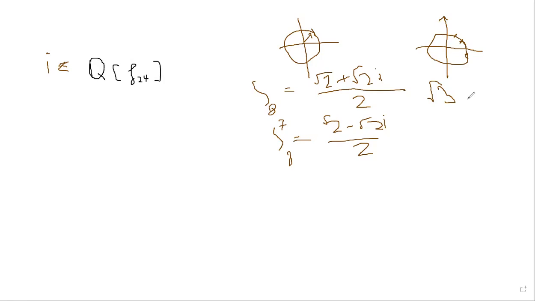Yes, because 24 factors as 2 to the 3 multiplied by 3. So we can get square roots of all divisors of 24.